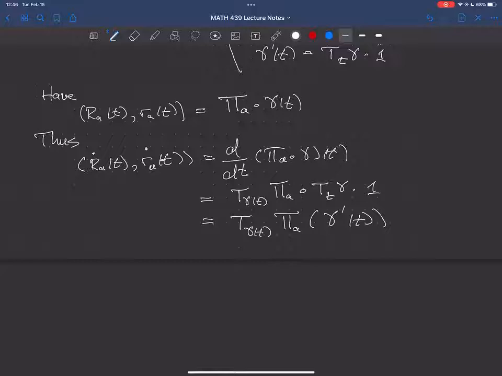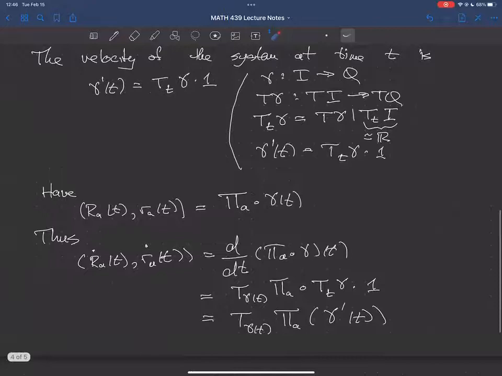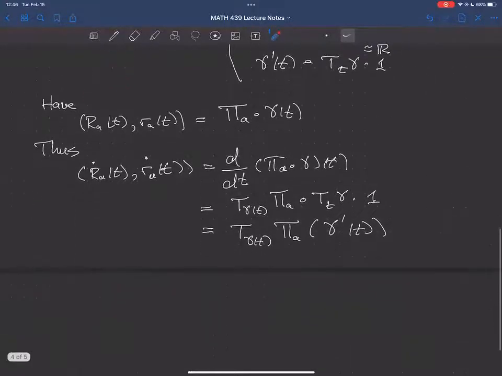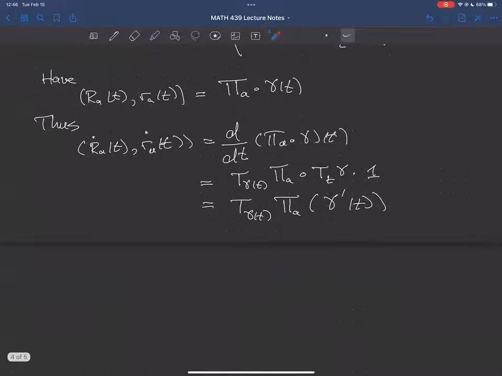So why did I do this? I did this because this is one version of the way of thinking about what the velocity of the system is, right? It's kind of forgetting about all the physical structure and just focusing on the mathematical structure of Q being a manifold, then the velocity is just that. Okay, now we're going to try to get the physics back again. And so what we want to do is relate this to stuff we already know about. Okay, and this is how you do it. You do it through the derivative of this forward kinematic map.